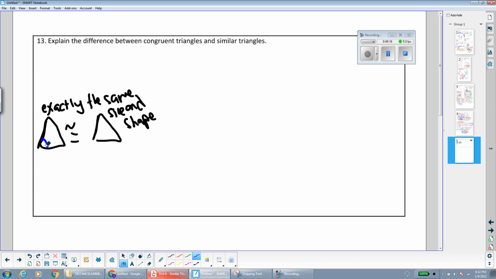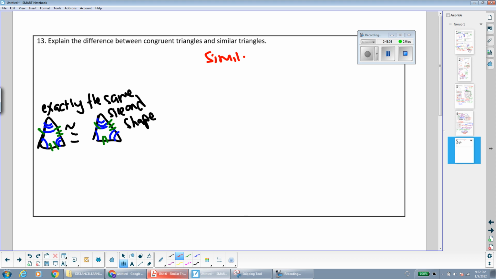Remember, if triangles are congruent, then they have congruent corresponding angles, and they also have congruent corresponding sides.